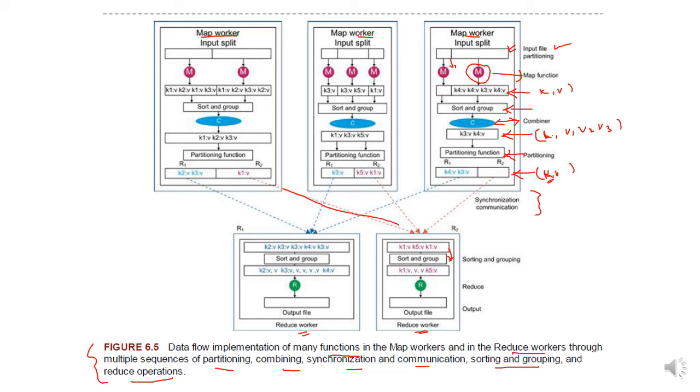Here all the similar key value pairs will be grouped together, and that will be given to the reduce worker. The reduce worker output is our final output. So this output will be stored to the output file.